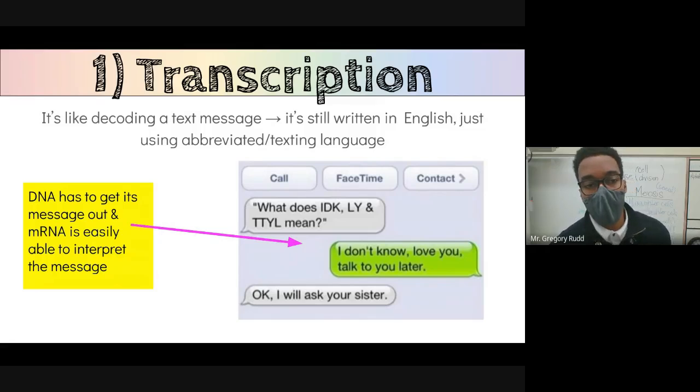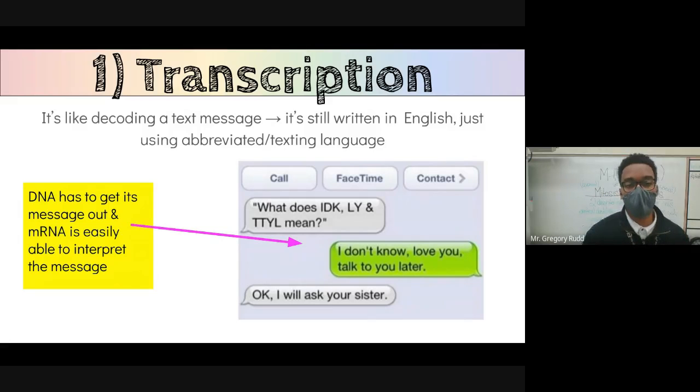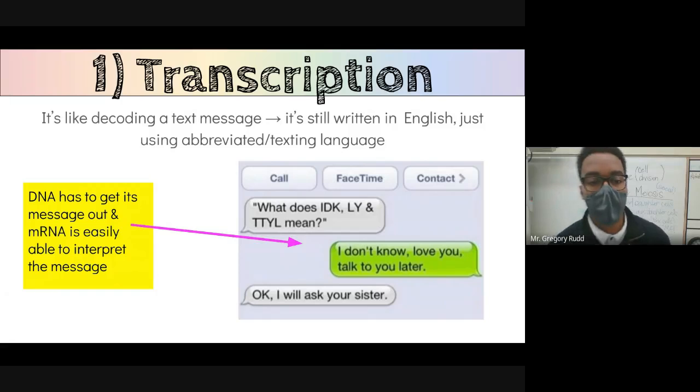So just to create an analogy, it's kind of like decoding a text message. It's still written in the same language, but it's just written a little bit differently. DNA and RNA are both written in the same language. They both use the language of nucleotides, A's and T's and C's and G's. They have a sugar phosphate backbone, so same language.